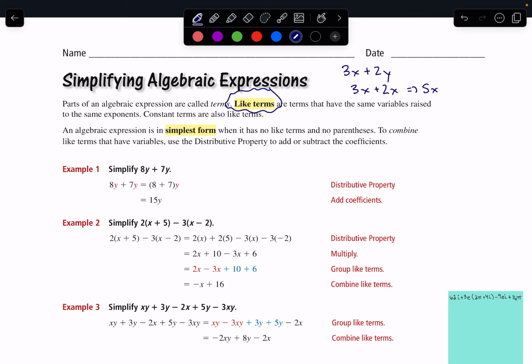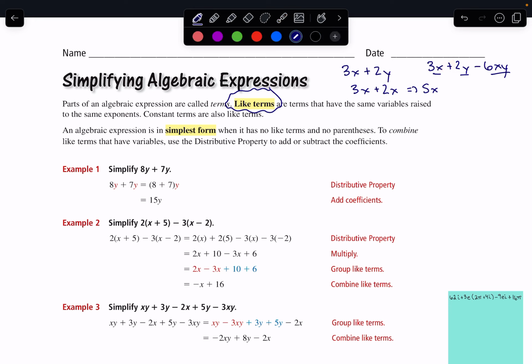In the same sense, if I have 3x's plus 2y's minus 6xy's, those don't combine together because these ones have x's, these ones have y's, these ones have x's and y's. And when that's the case, I'm not allowed to add or subtract them together.